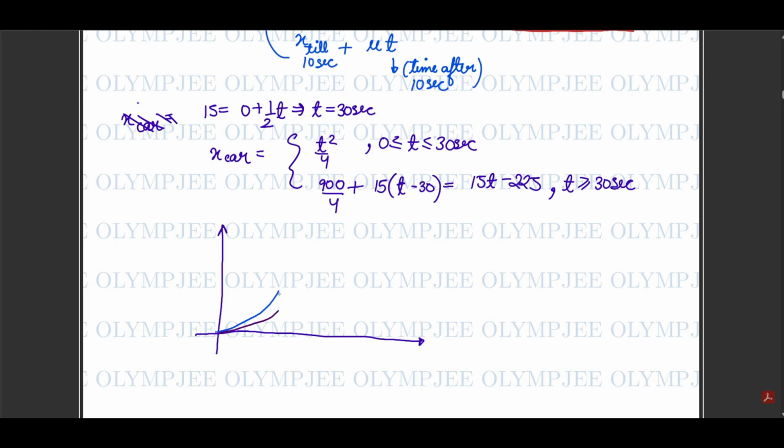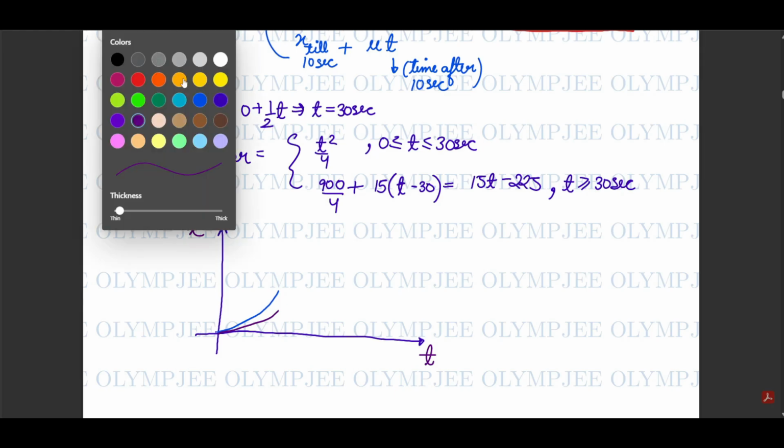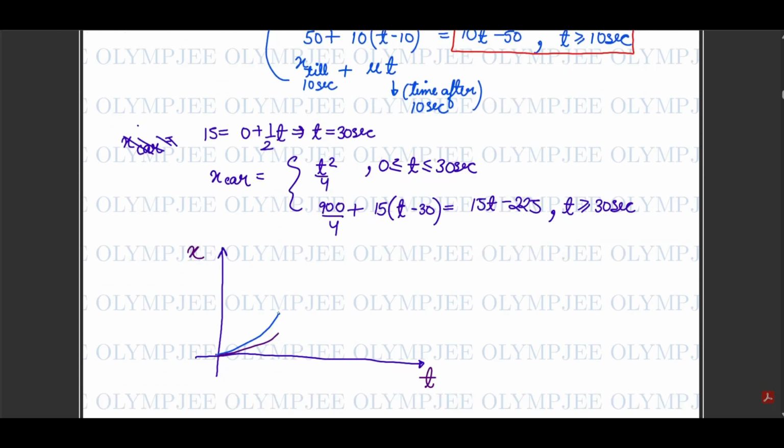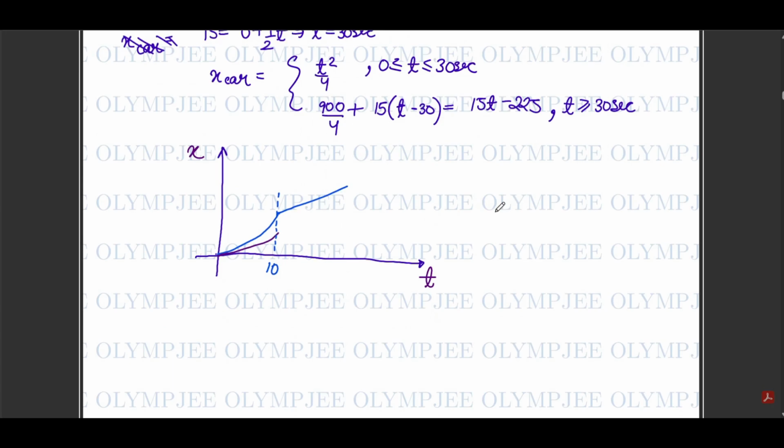So it will be below this graph, because if you check at 10, t square by 4 will give a lower answer than t square by 2. So it will be lower in the y coordinate. Now after that, the motorcycle is moving with the equation 10t minus 50, which is the equation of a straight line. So let's make a straight line. This is still 10 seconds.